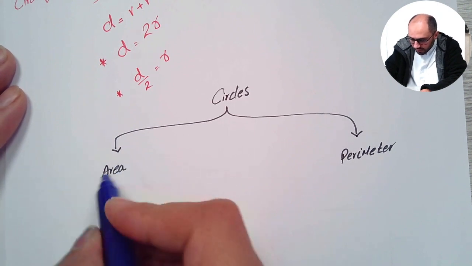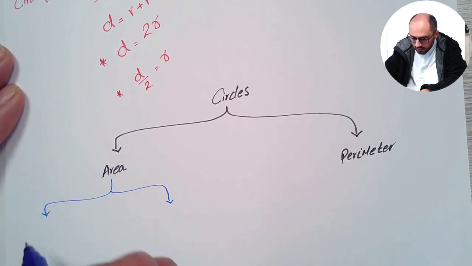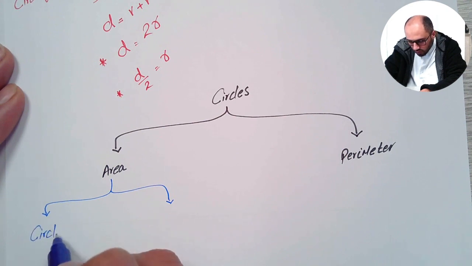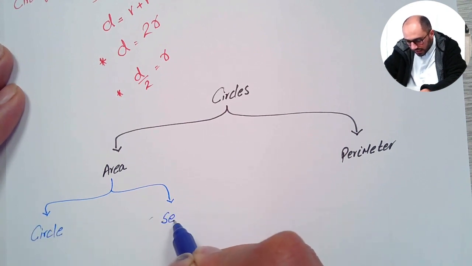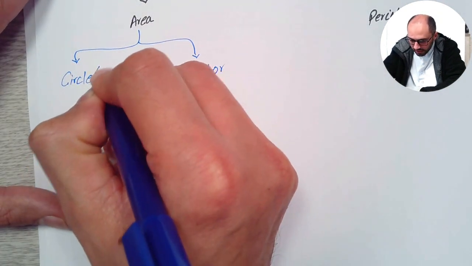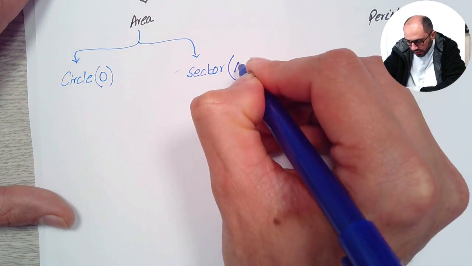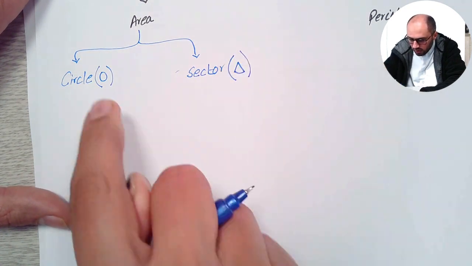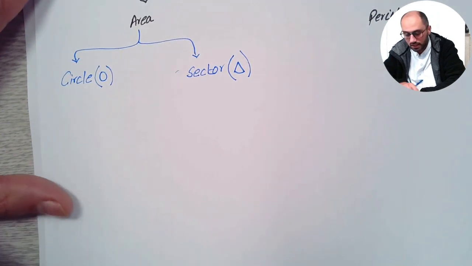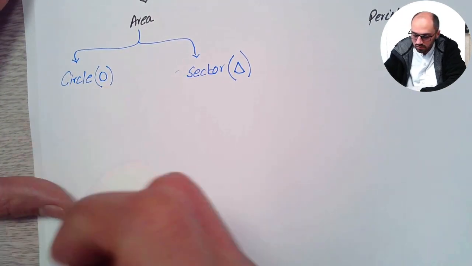I can further divide this section into two categories. I can say it will be either a circle or it will be a sector. My circle will have a shape like this, whereas my sector will have a shape like this. Now, if you look at these two shapes here, you can clearly see that when it is about a circle, the total angle in a circle will be 360.